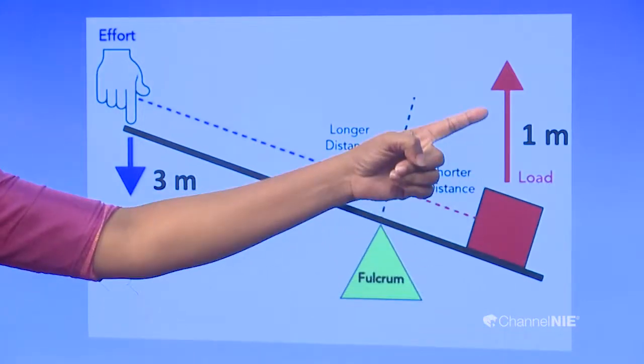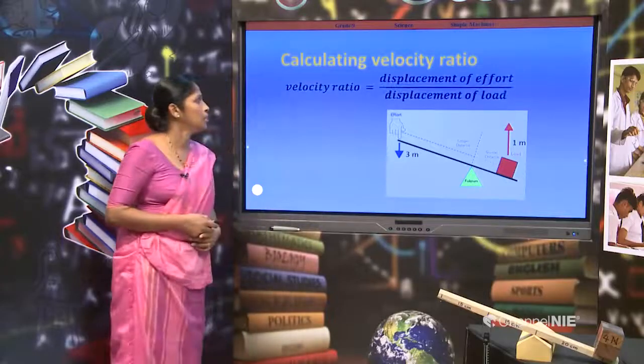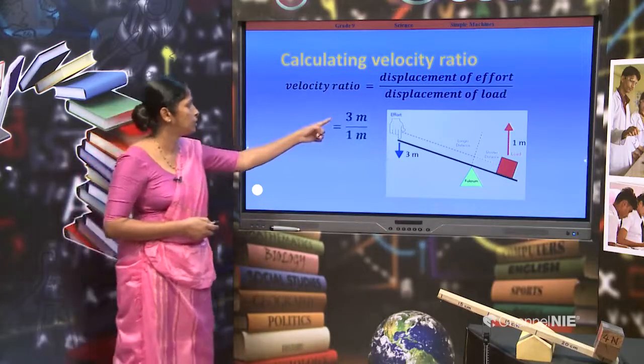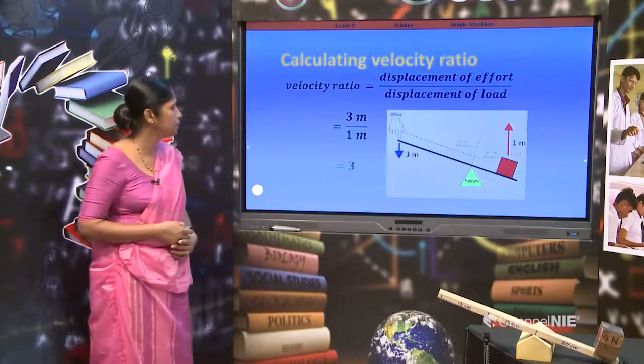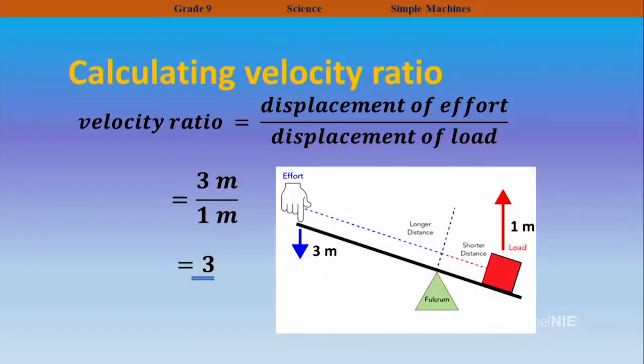Displacement of load is 1 meter. 3 meters divided by 1 meter, 3. The velocity ratio of this machine is 3. That means the ratio between displacement of the effort and displacement of the load is 3.